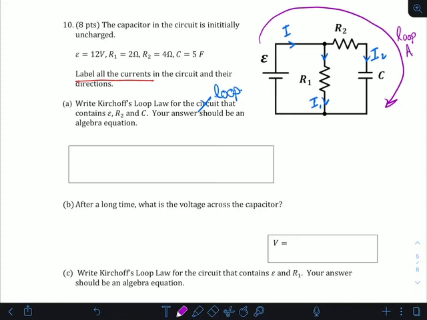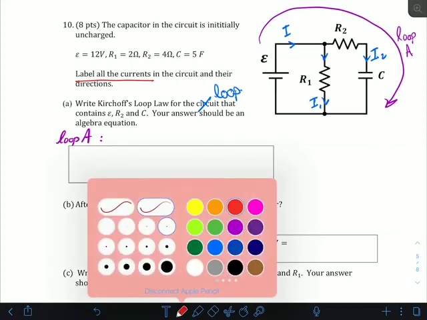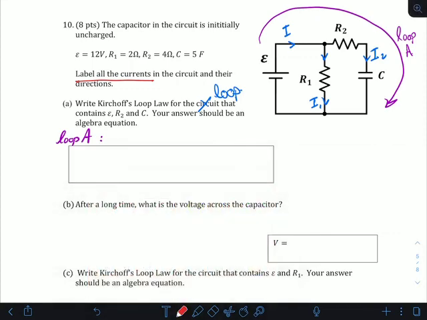Call that loop A. It's good to include the potential increases and drops. As the current goes through here, it's going to go from plus to minus through this resistor and plus to minus. Charge is going to build up on the capacitor, and there's going to be a deficit on that side, and the EMF is automatically minus and plus.